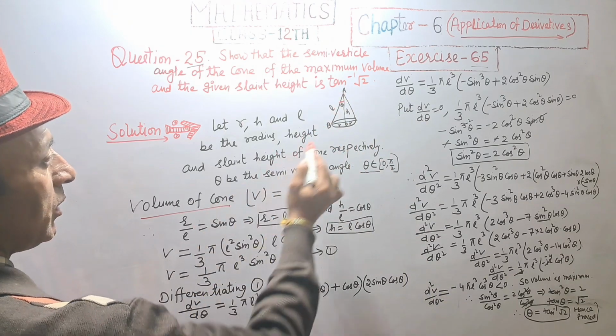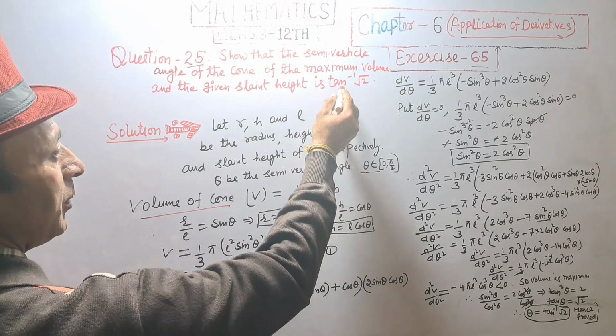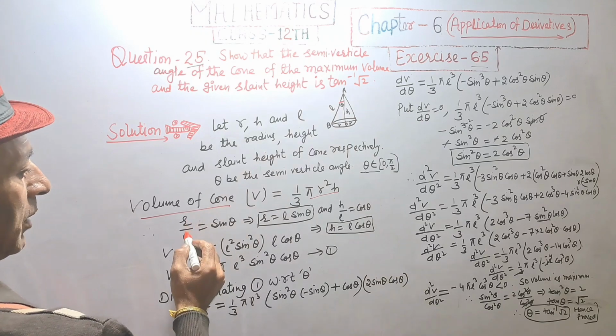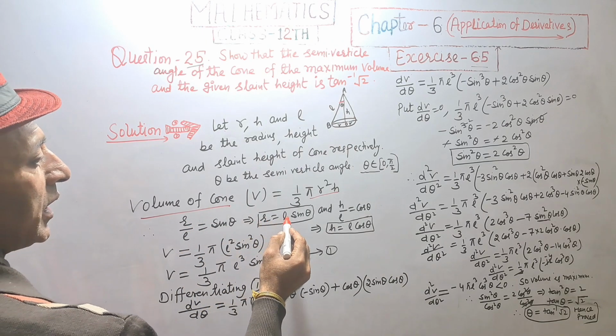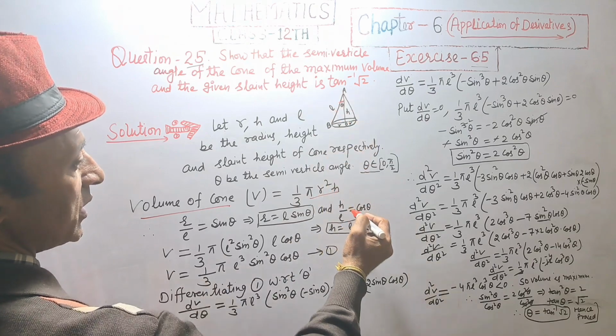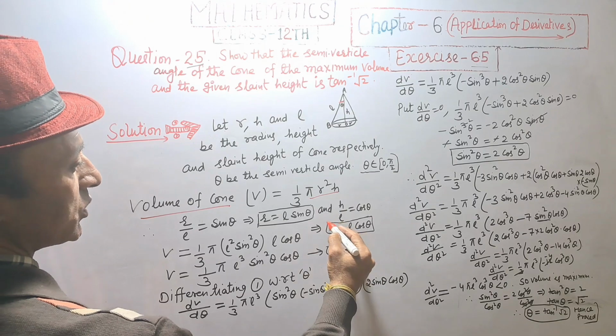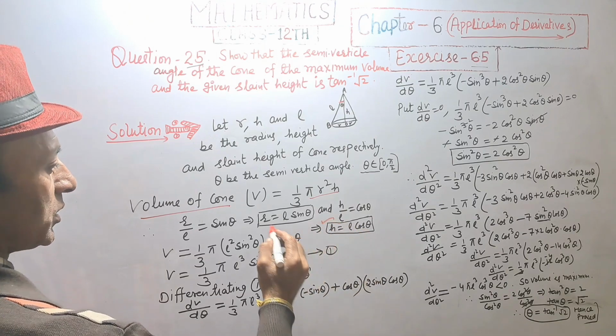So perpendicular is here r and hypotenuse is L. R upon L is sin theta, R is equal to L sin theta, and base upon hypotenuse is equal to cos theta, H upon L is equal to cos theta, so H is equal to L cos theta.